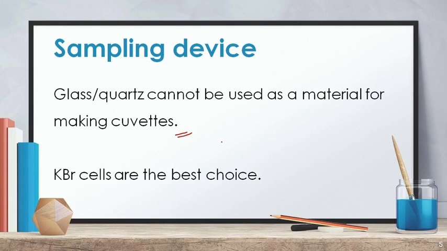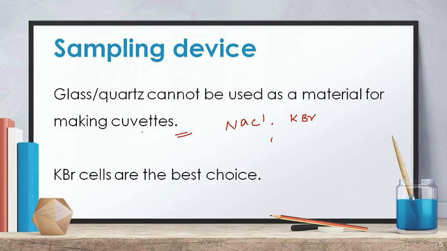In the absence of glass, we use salts like sodium chloride or KBr, which are transparent in the IR region. So that's why we can use these salts for constructing cuvettes.